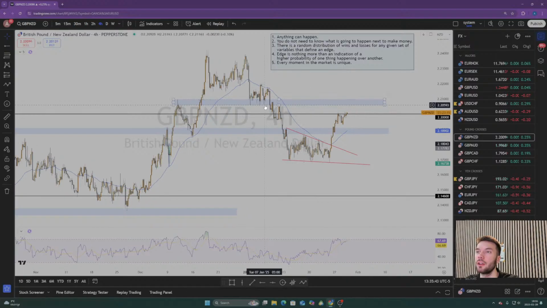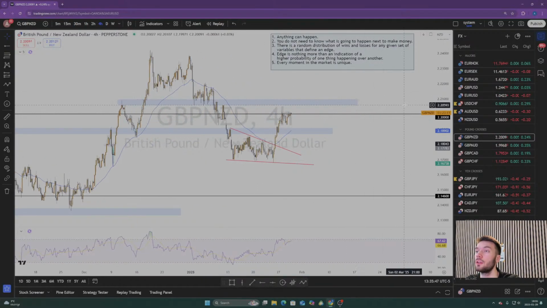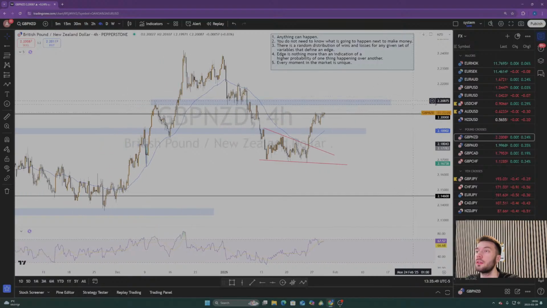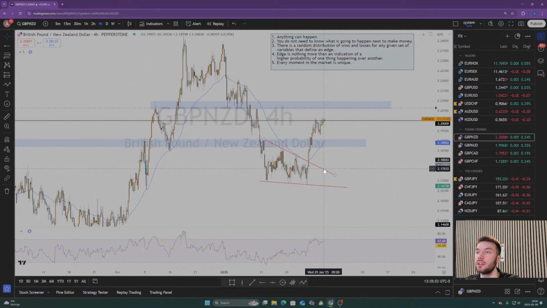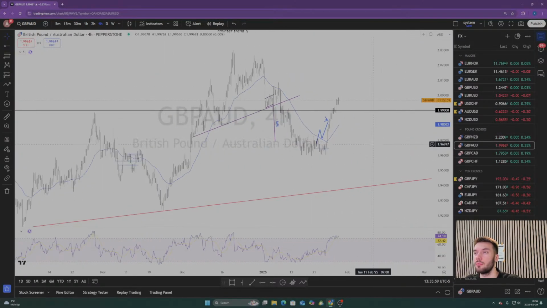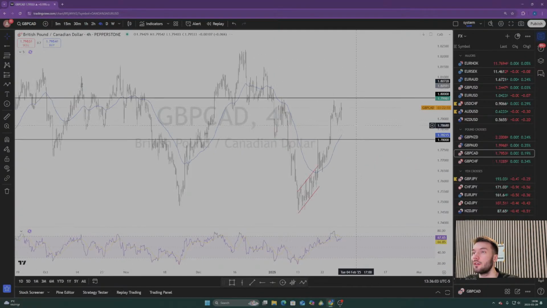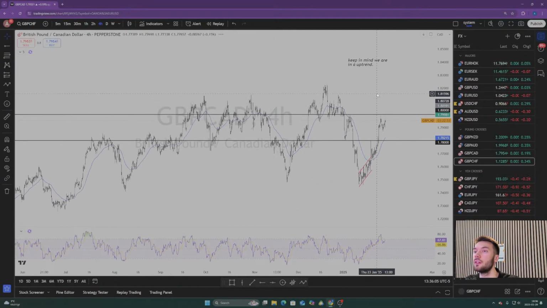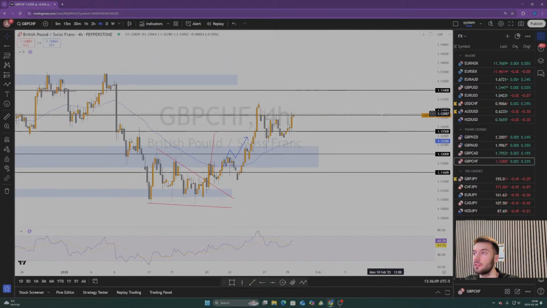Another AOI coming in here. This is a huge level actually. Very, very interesting level. We're going to put an alert right here. That's interesting. British pound is performing right now against most other Forex currencies.